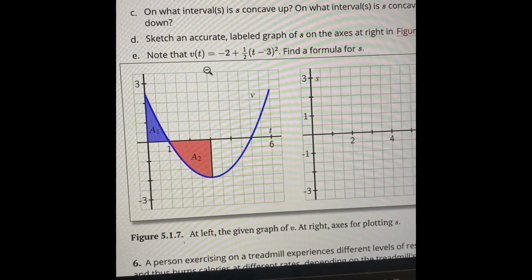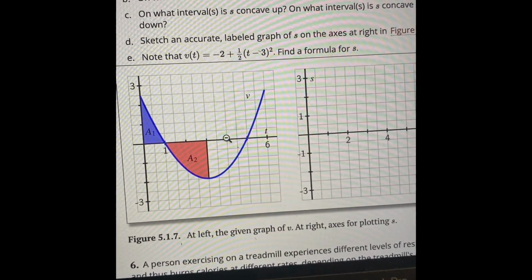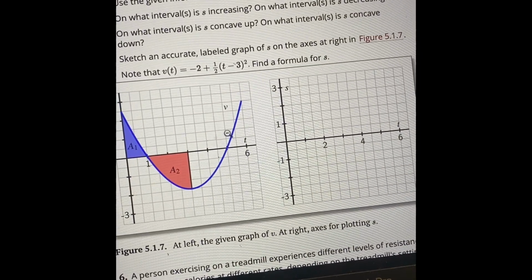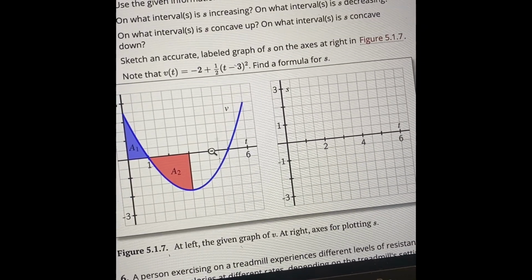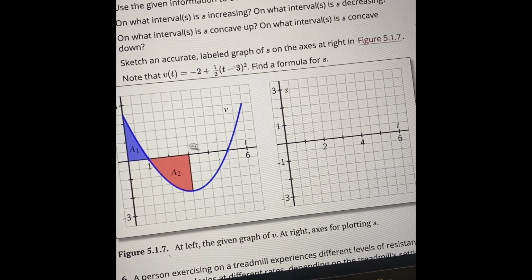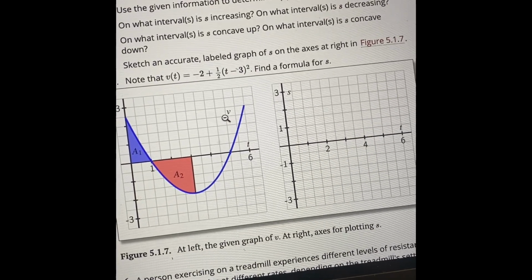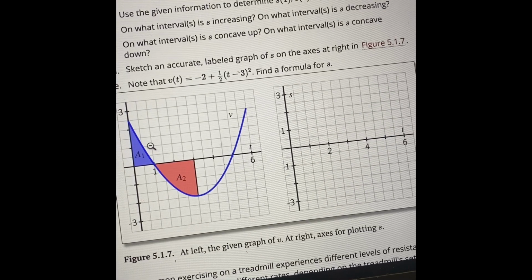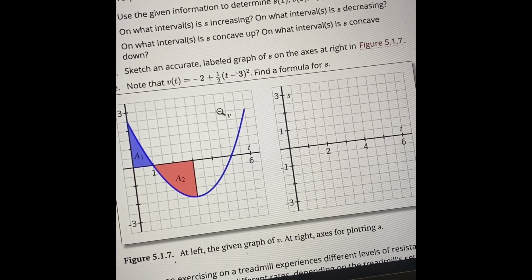And from there it's decreasing, and then at 5 it changes and starts increasing. So we know that at 5 we have a concave up. So in conclusion, at 1 we have a concave down, and at 5 we have a concave up.